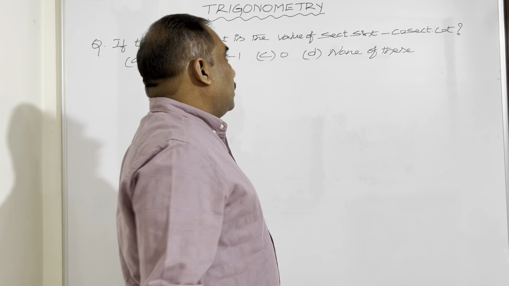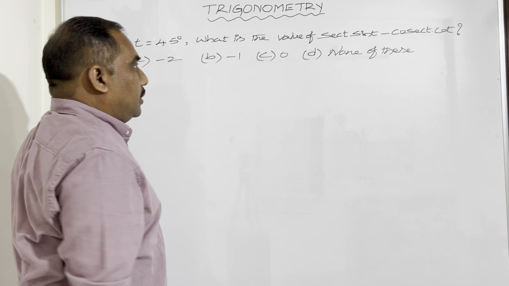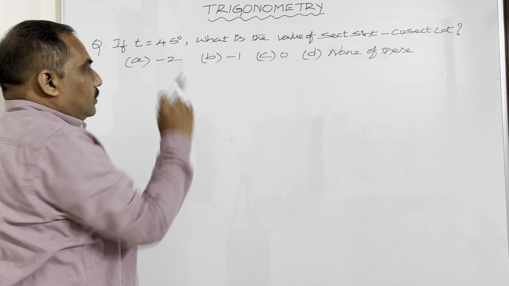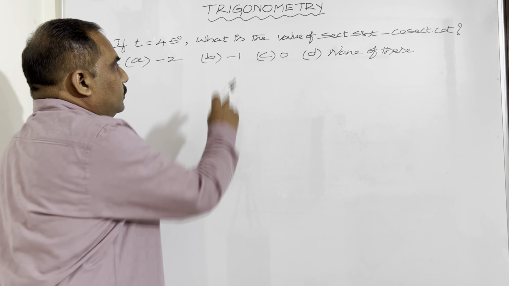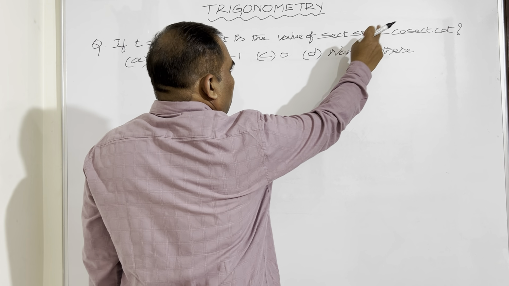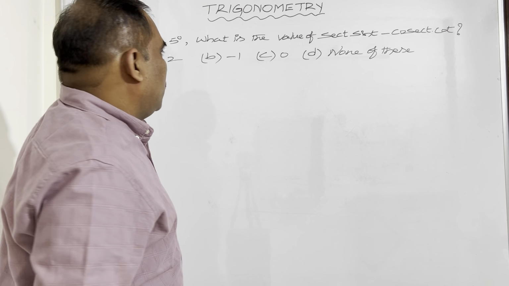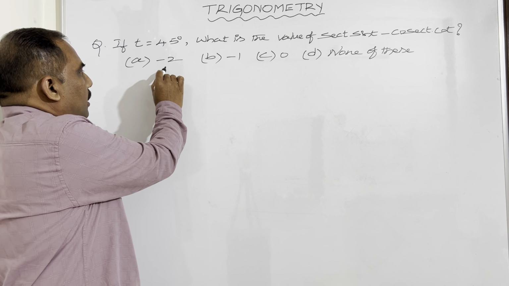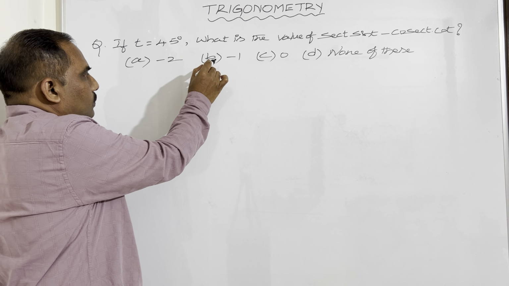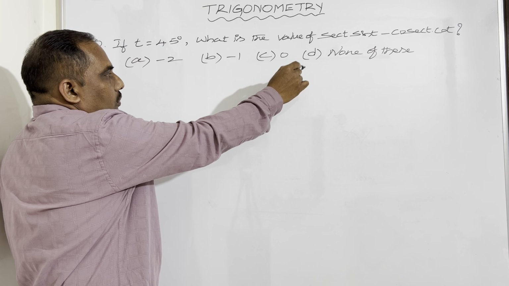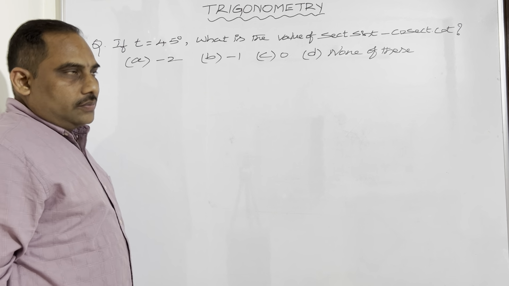In this video we are going to discuss a trigonometry PYQ. Question: if t is equal to 45 degrees, what is the value of secant t sin t minus cosecant t into cot t? Options are given here: A is -2, second option -1, C is 0, D is none of these.